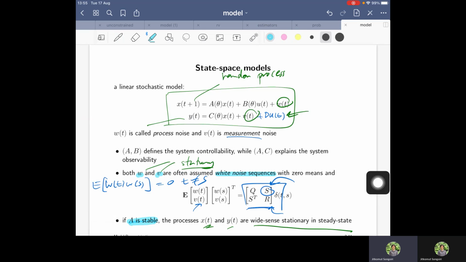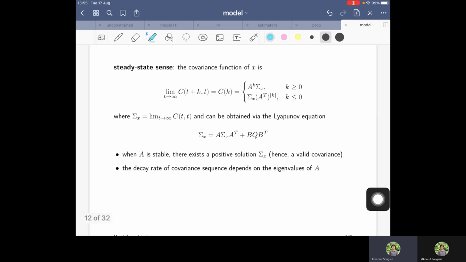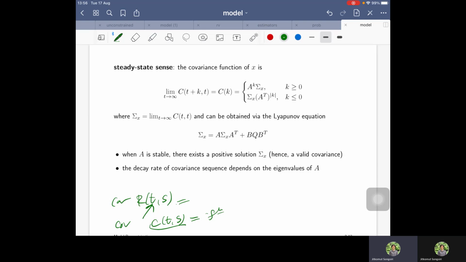Let me put a note here that when we say the process X is wide sense stationary, it is only wide sense stationary in the steady state sense. So what does it mean exactly? Remember that when the system is not stationary, it means that the covariance function or correlation function, this is the correlation function, this is the covariance function, if the process is not wide sense stationary, can be a function of t and s, right?